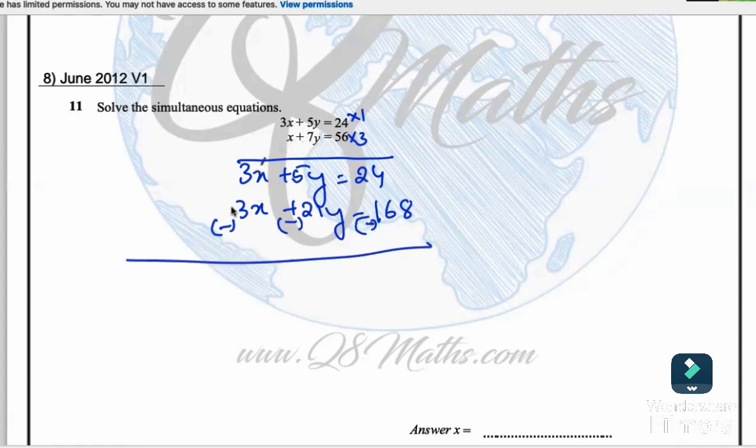Okay, as a result, I can cancel this, and 5y minus 21y is going to be minus 16y. Minus 16y is equal to 24 minus 168, which is going to be minus 144.